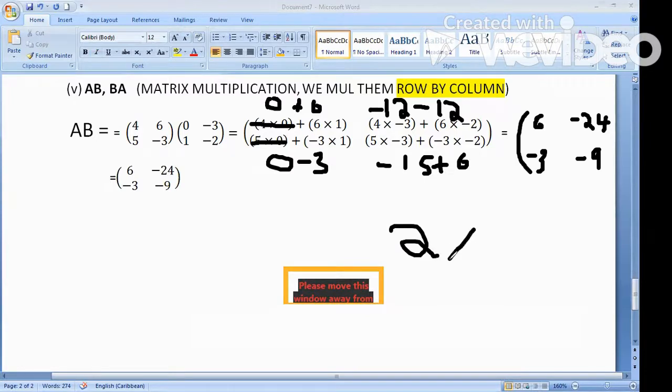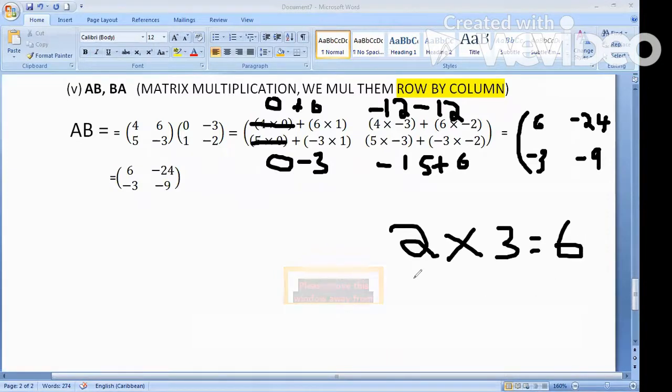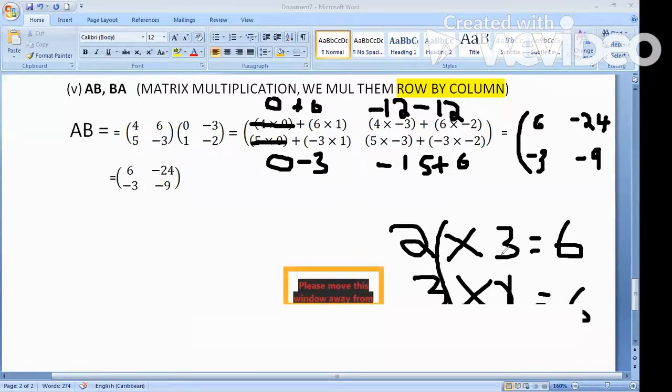All right. Let me ask something. What's 2 times 3? 6. What if I spin it around? 3 twos. What you notice? We still get 6. So what can we say about multiplication of integers? Multiplication of integers obey the commutative law. So what if I spin around B times A?